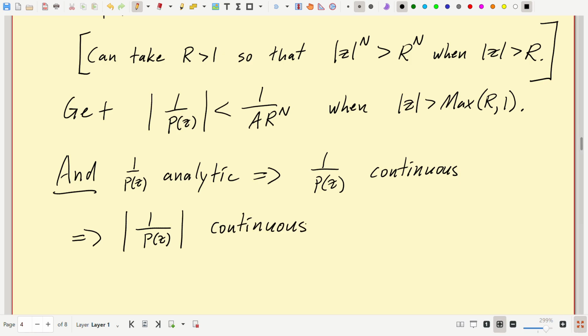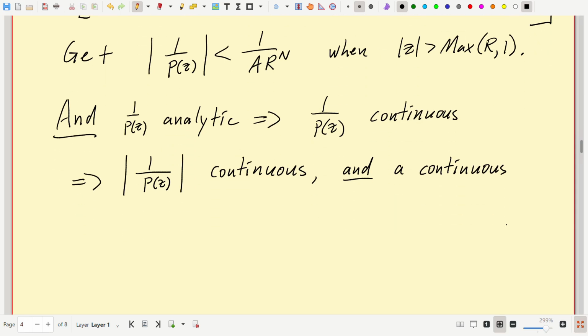So quite often, maybe I skip saying things like that, but they're important. So that implies that it's a continuous function, and a continuous function on a compact set, also known as a closed and bounded set in the complex plane.